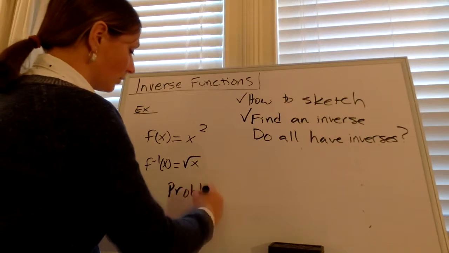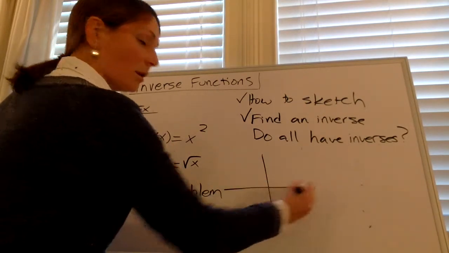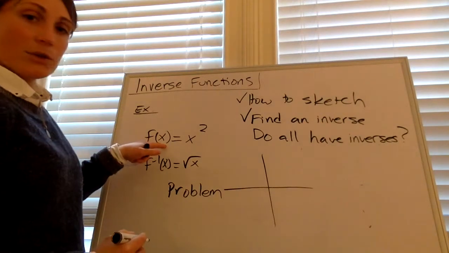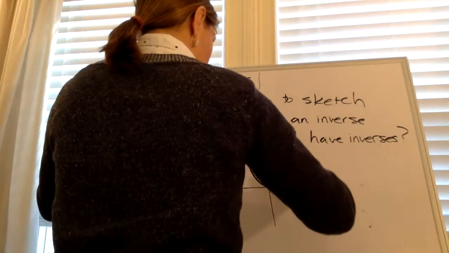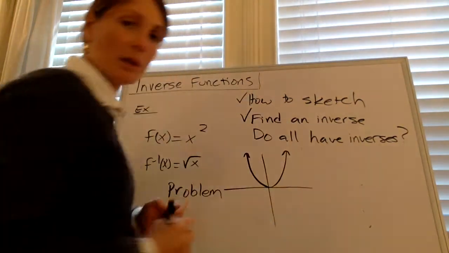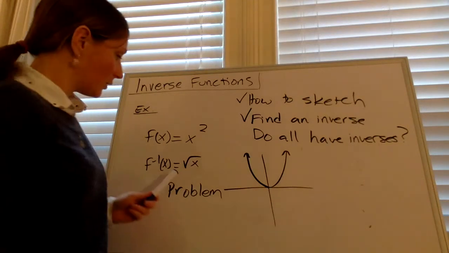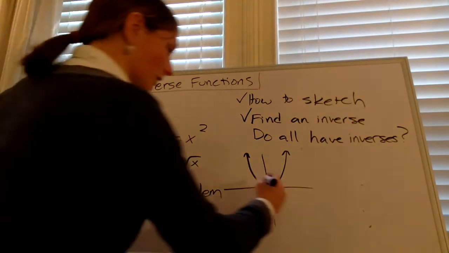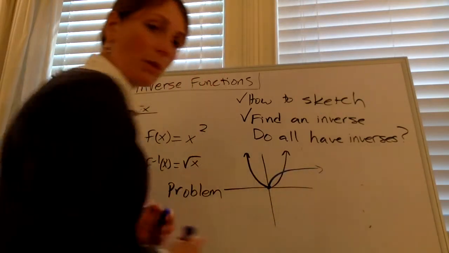So we run into a little problem here, which is this. X squared looks like this. Meanwhile, square root x looks like that.